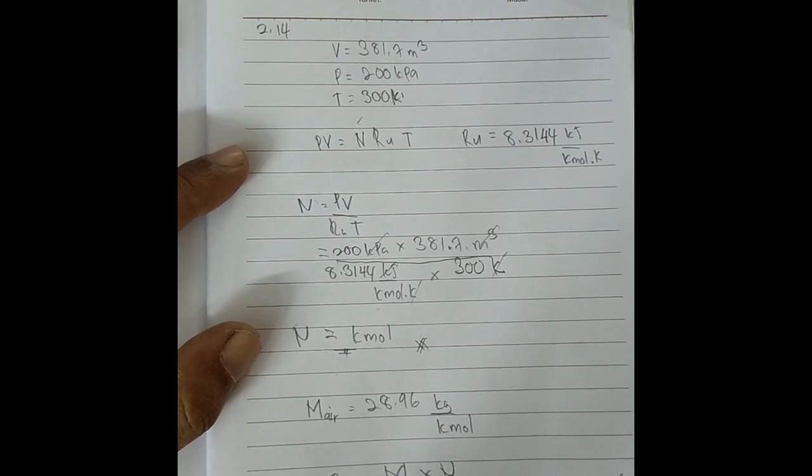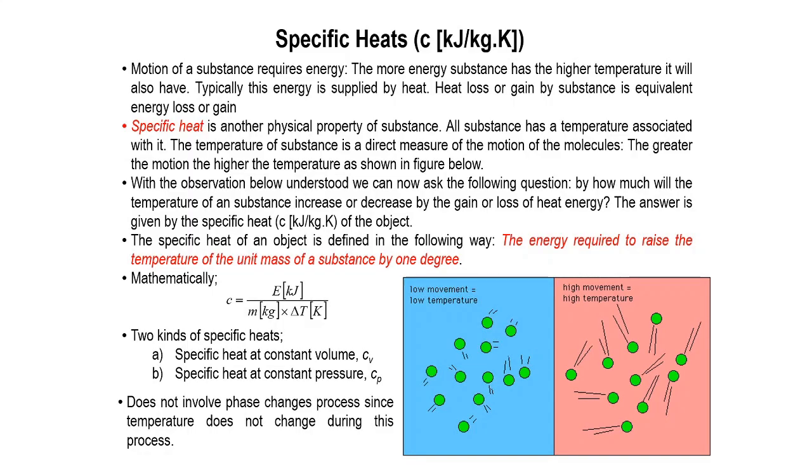Okay, thank you. Okay, as we see the example above, so we proceed with specific heat. Okay, so what is specific heat? The motion of a substance requires energy. The more energy a substance has, the higher the temperature it will also have.